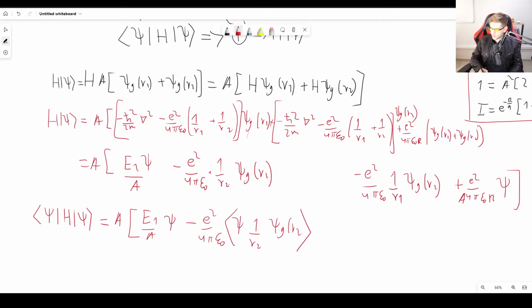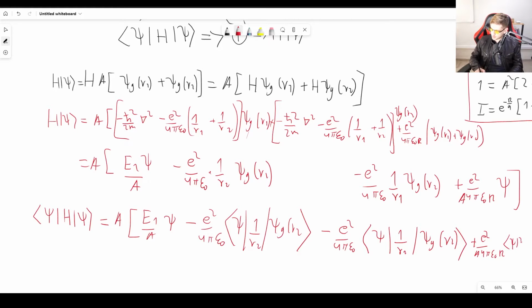And then we have this part: minus e squared over 4 pi epsilon 0, psi, actually, let's do it correctly, psi g of r2. I have been a little bit sloppy with the notation so far. And finally, we get plus e squared over a 4 pi epsilon 0 r times psi.